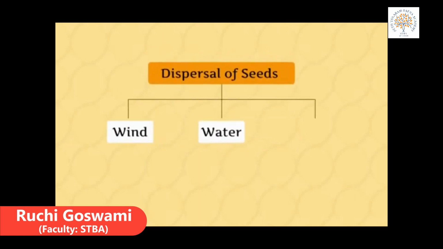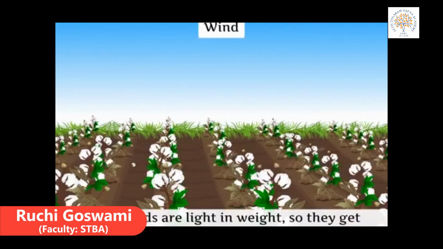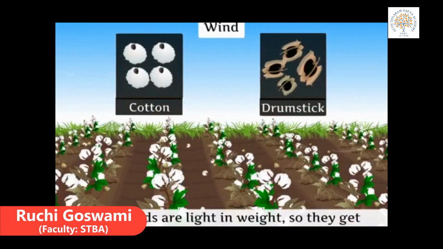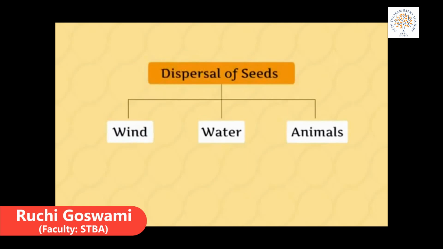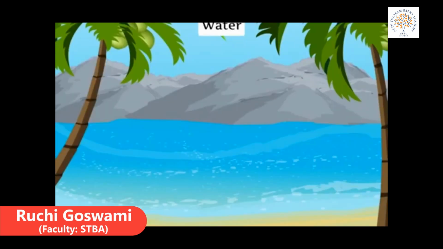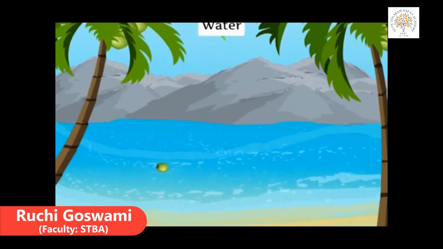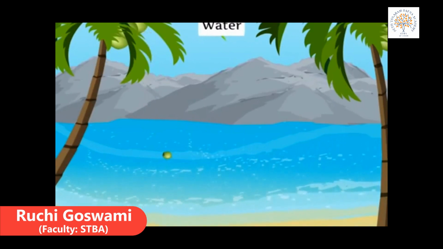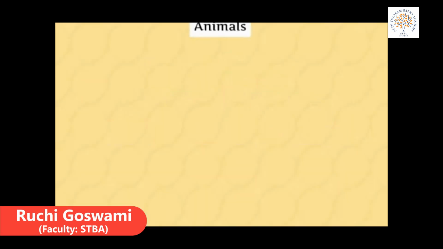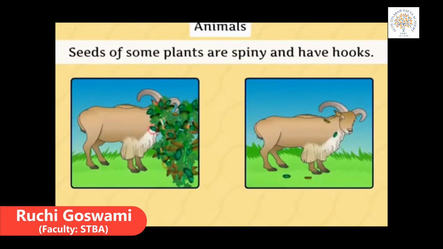Wind, water and animals help in the dispersal of seeds. For example, seeds of cotton and drumstick plants are light in weight, so they get blown away with the wind to far away places. Seeds or fruits of trees that grow near water bodies are dispersed by flowing water to other shores. Seeds of some plants are spiny and have hooks.